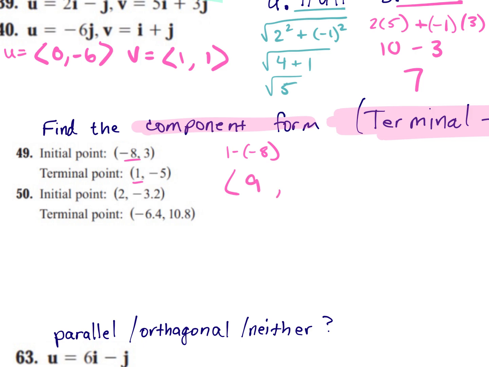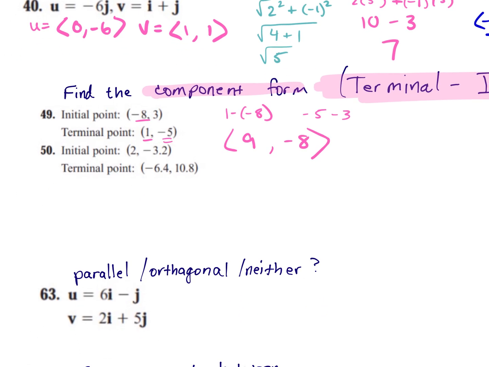And then terminal minus initial would be -5 minus 3, which would be -8. So this would be our component form for 49. Any questions here?